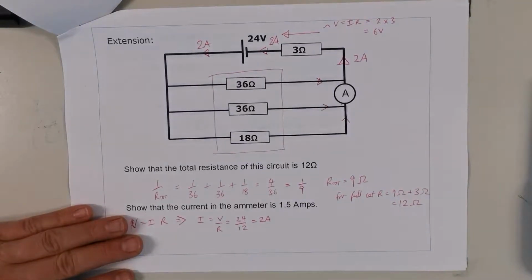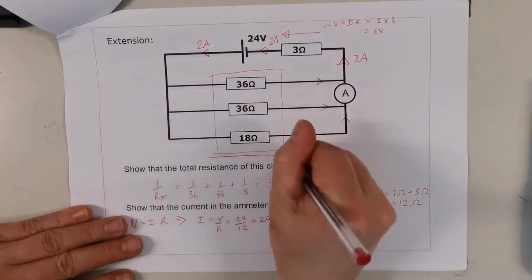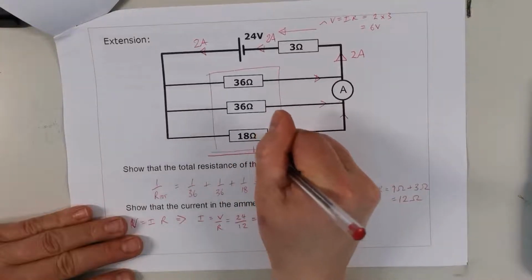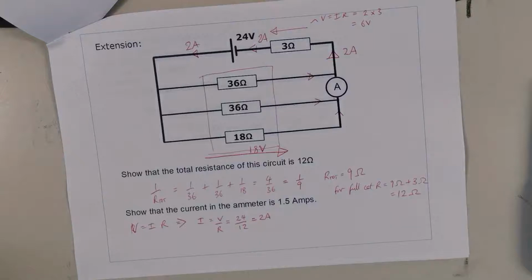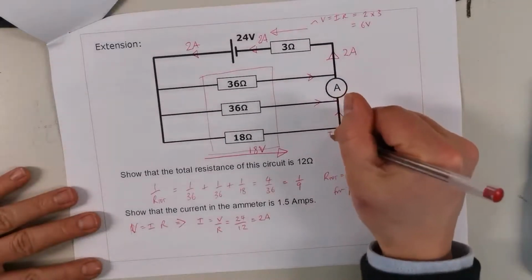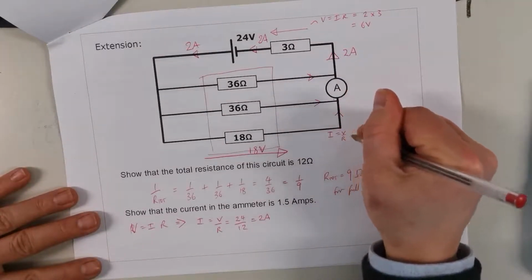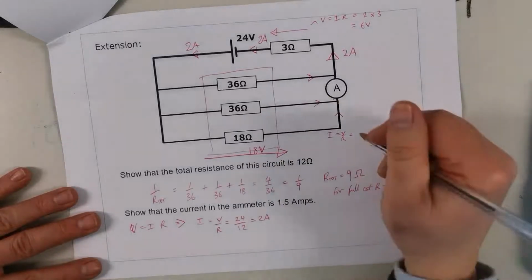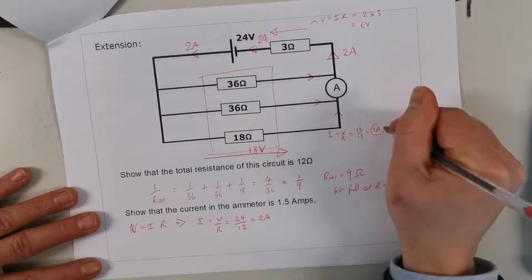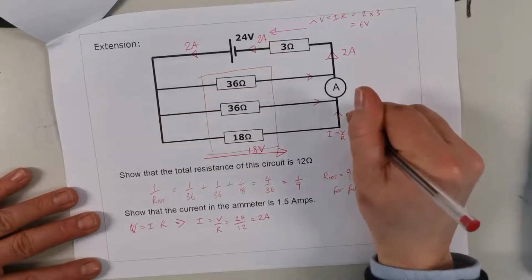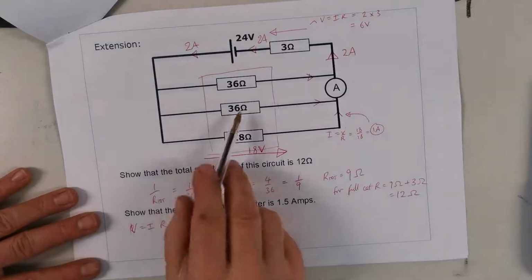This is going to be 6 volts, which means this is now 18 volts. I equals V over R for this section down here is going to be 18 over 18, which is 1 amp. That's that bit here. And what's this one going to get?